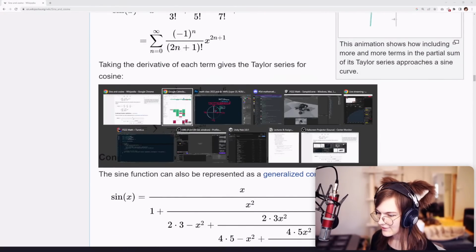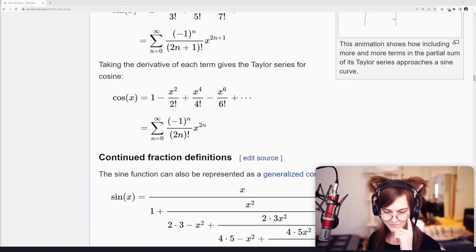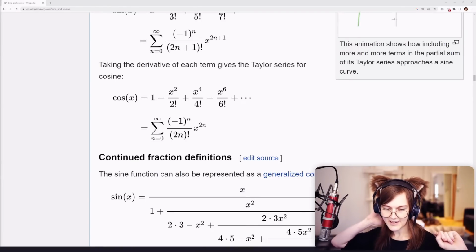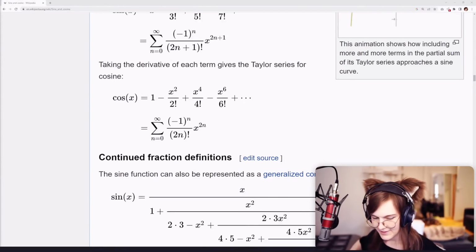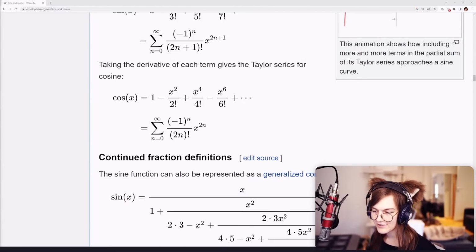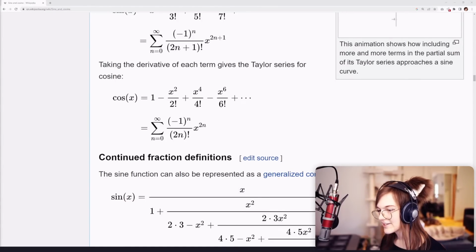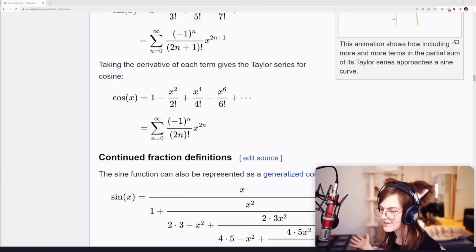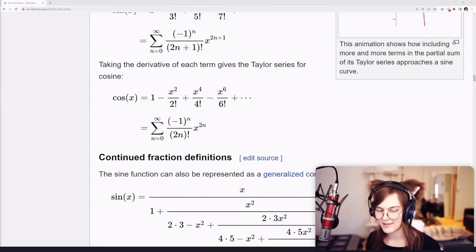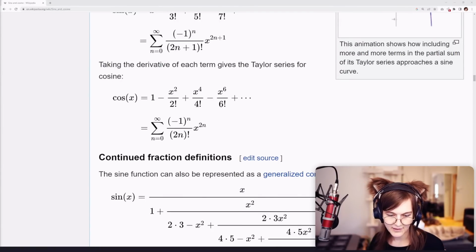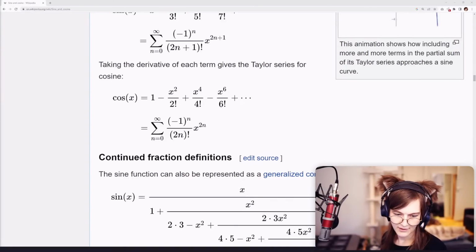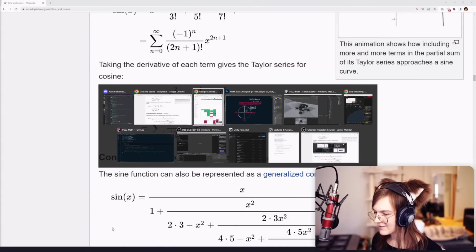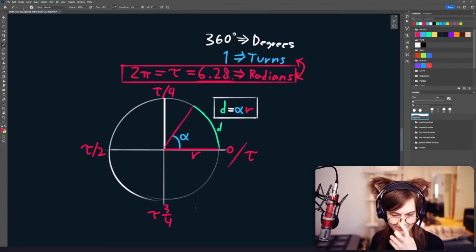So that's how you write it, I suppose. But the thing is, it is an infinite series, and so usually the function doesn't have a simple closed form solution, so we approximate it as best as we can. But we haven't gotten to trig functions yet, but we're going to get there very soon.